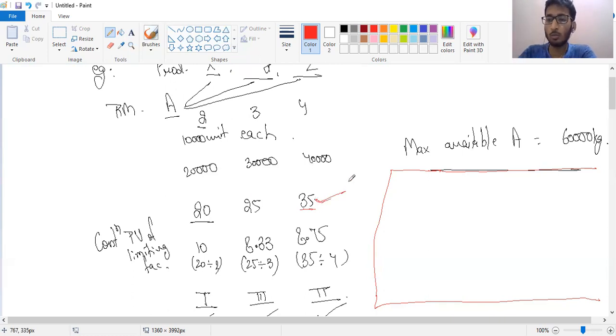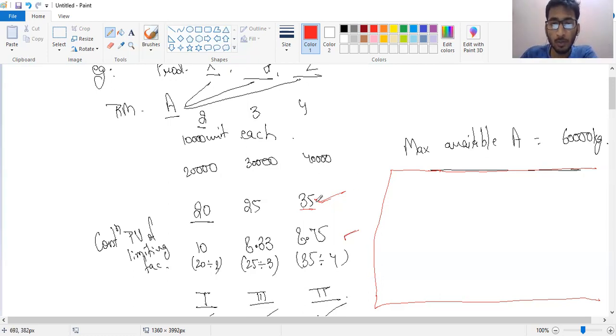Whatever product gives the maximum contribution, just prioritize that. So as per the normal scenario, if I'm not taking the limiting factor into consideration, what would be your answer?